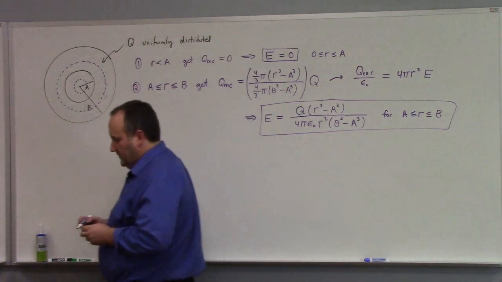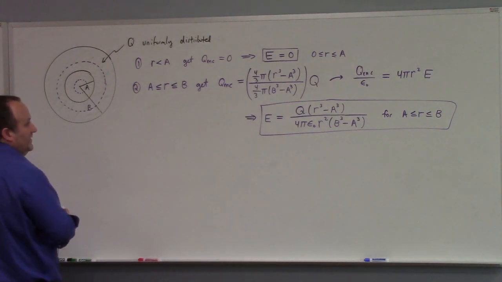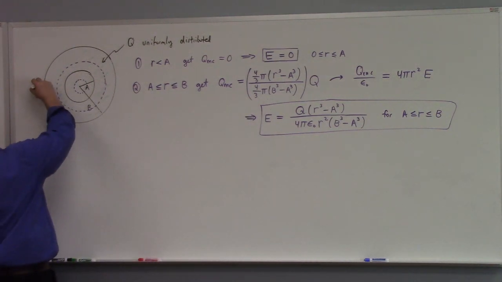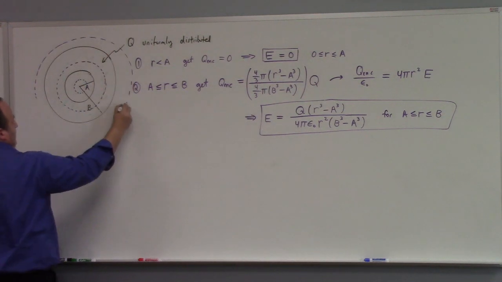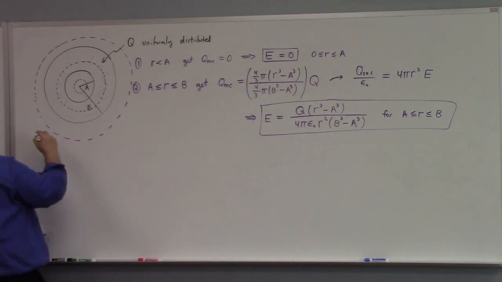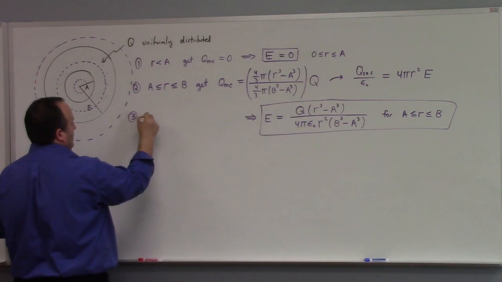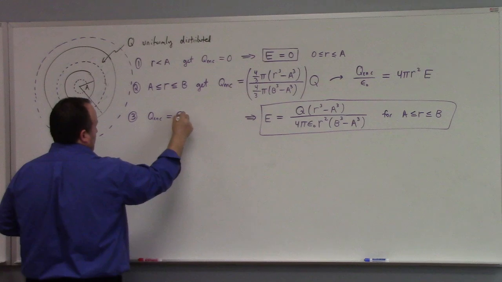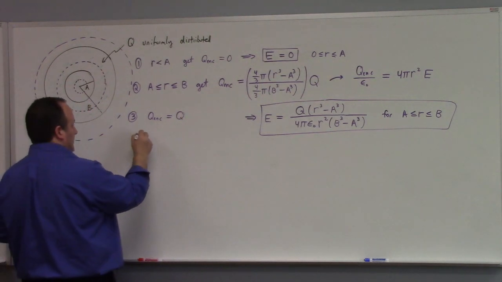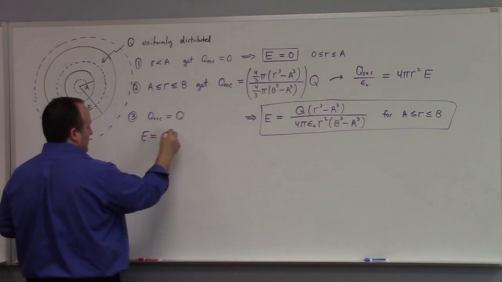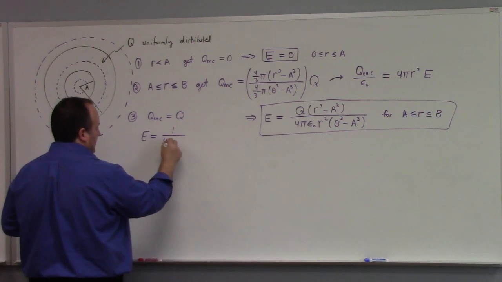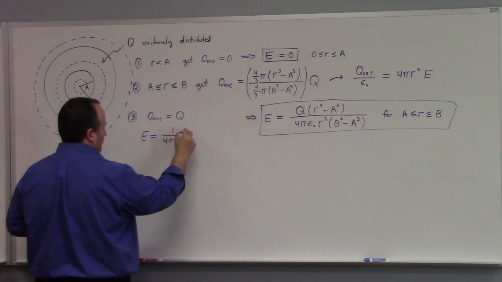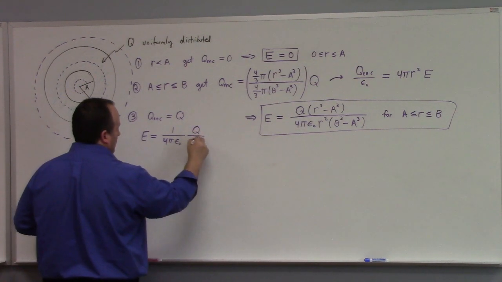And then, of course, there is one remaining case, case 3, we could be out here for our Gaussian sphere. In that case, it's easier. There's not much calculation to do here. And 3, we just get Q enclosed is equal to the net charge Q, and then by the usual calculation, we get 1 over 4 pi epsilon naught times Q over r squared, right?